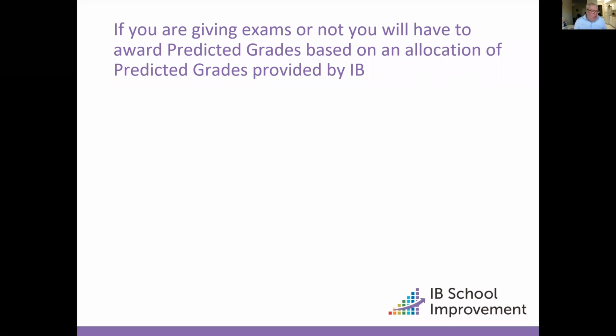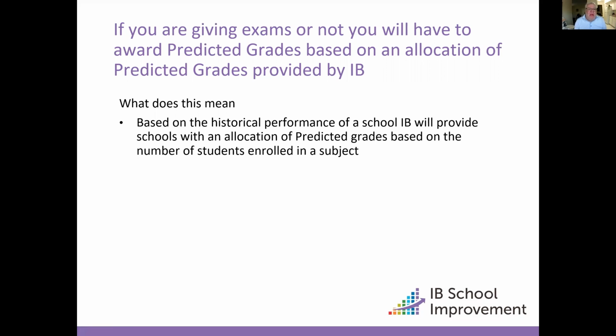What does that mean? That means that based on historical performance of schools for subjects and level, IB will provide schools with an allocation of predicted grades based on the number of students enrolled in a subject.